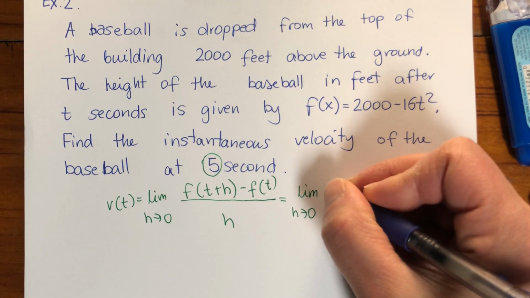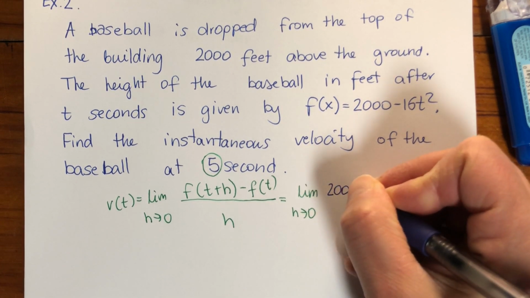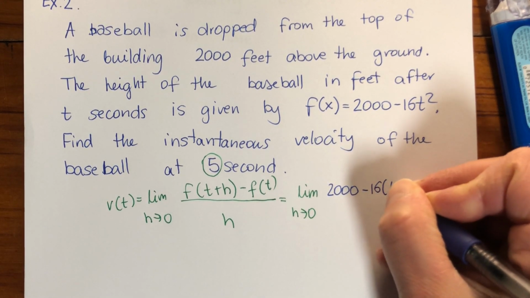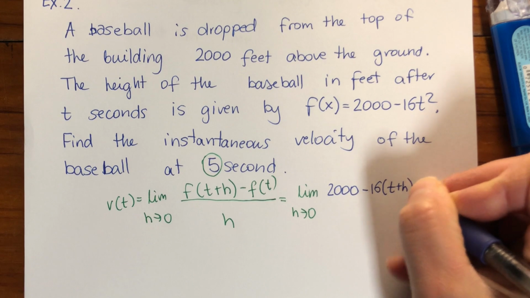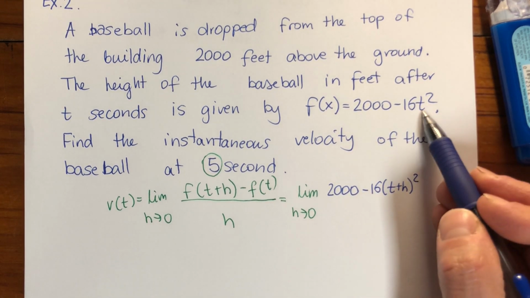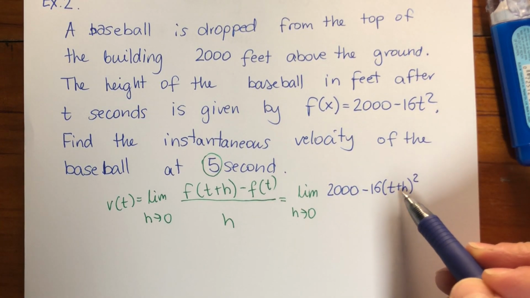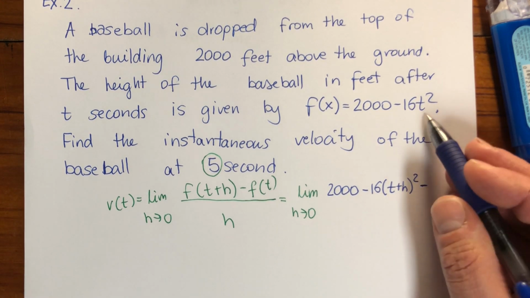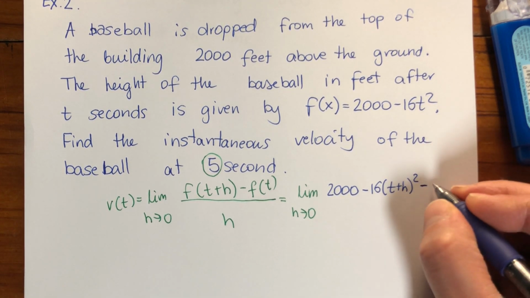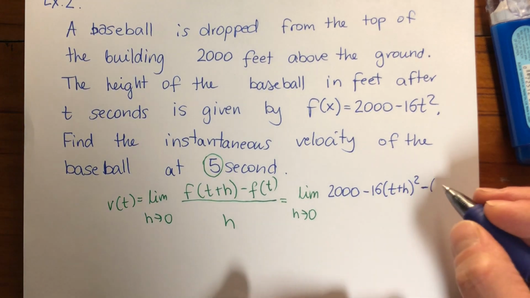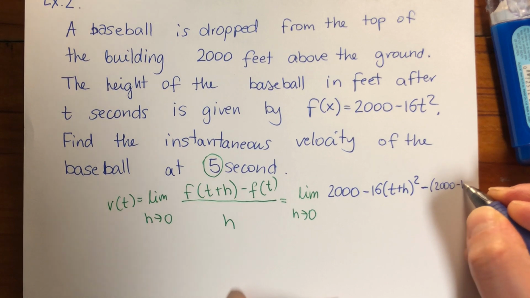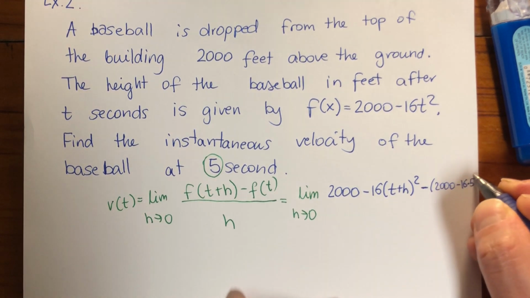I am going to have 2,000 minus 16, and then I will have t plus h squared, because in place of t I am putting t plus h, and then I am going to have minus f of t, but in place of t I am going to put 5. So 2,000 minus 16 times 5 squared.